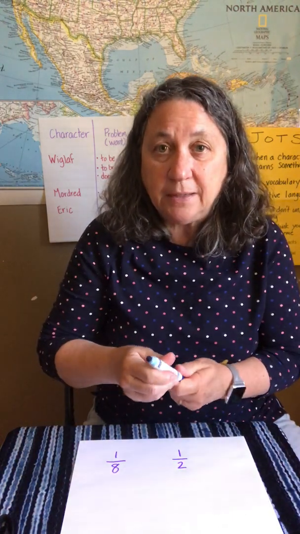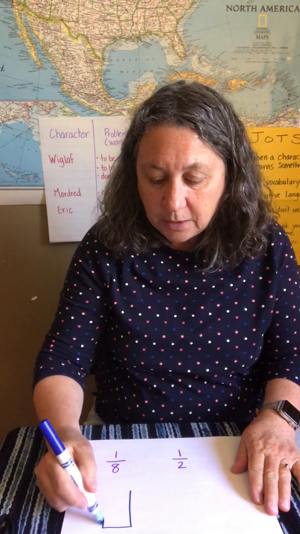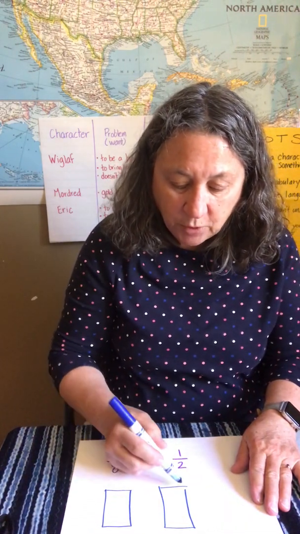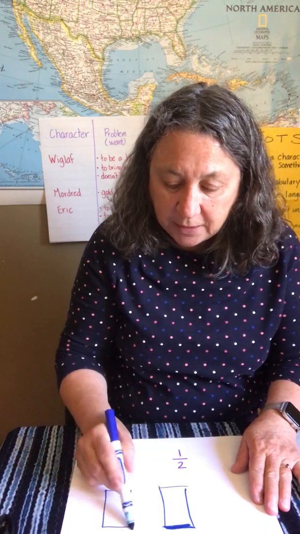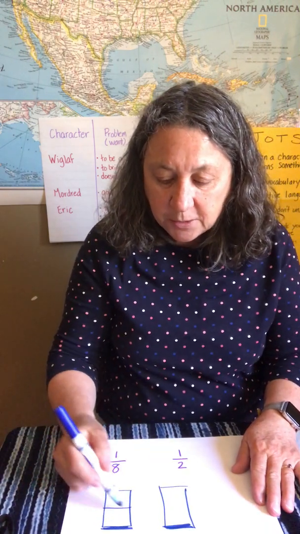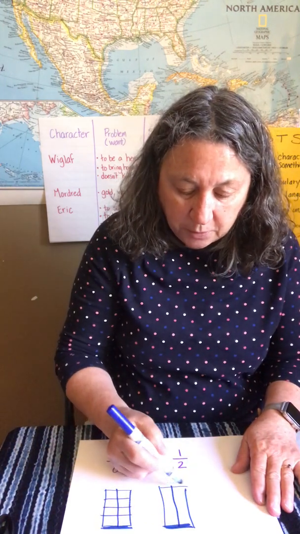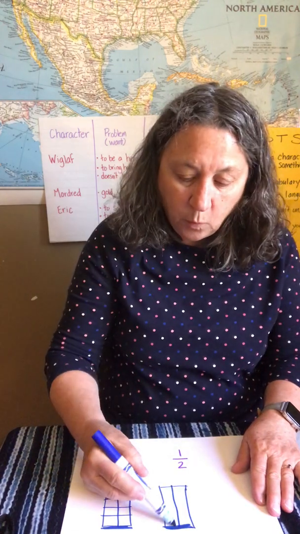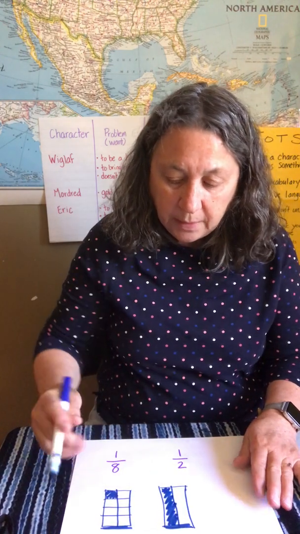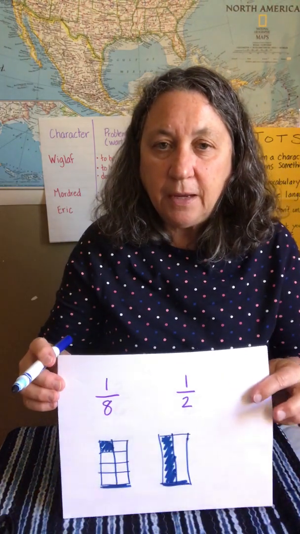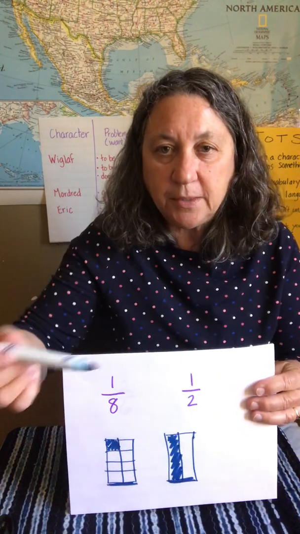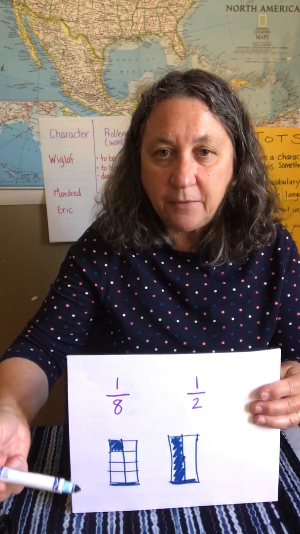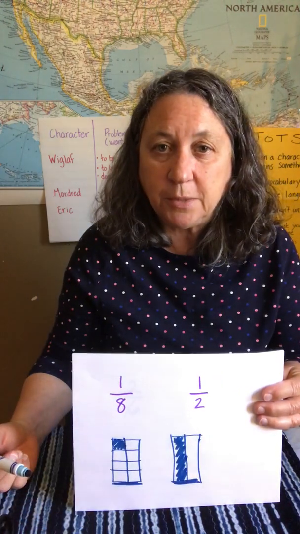Let's make a quick diagram, a quick jot, knowing that they won't be perfect. If I make two quick rectangles that I'm trying to make the same, and I divide this one into 8 equal pieces, and this one into 2 equal pieces, and I shade 1 out of 8 and 1 out of 2, it's really obvious that 1 piece out of 2 is larger than 1 piece out of 8 if both wholes are the same size.